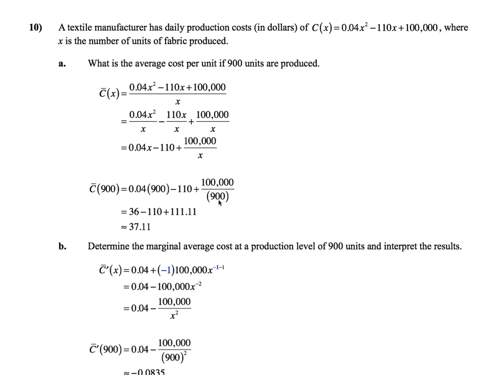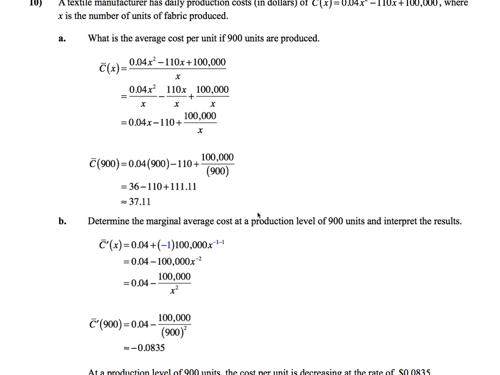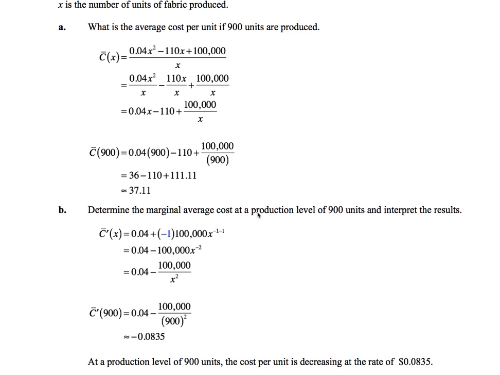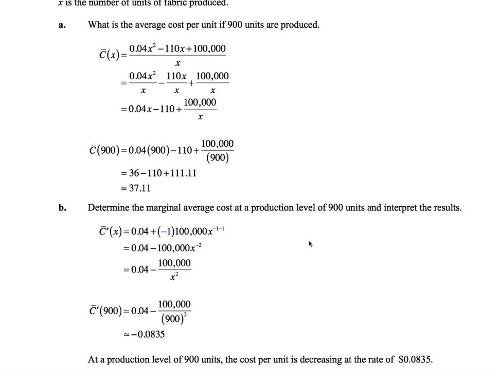And when we simplify this, we have 36 minus 110 here, and 100,000 divided by 900 is 111.1111, and that repeats and never terminates. So that's approximately $37.11 per unit.